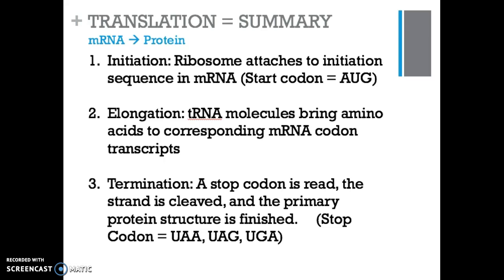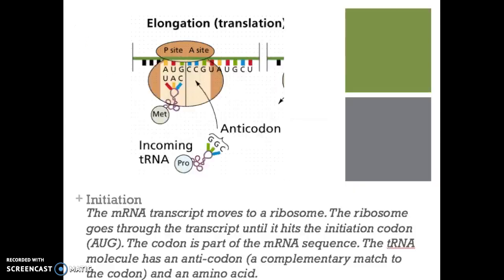Methionine is the amino acid that AUG codes for, but it's going to be the start codon. Part two is elongation, where transfer RNA molecules are going to bring amino acids that correspond with the mRNA codon transcripts. And then termination is going to happen where a stop codon is read and the strand is cleaved off, and eventually we're going to get a protein out of that.